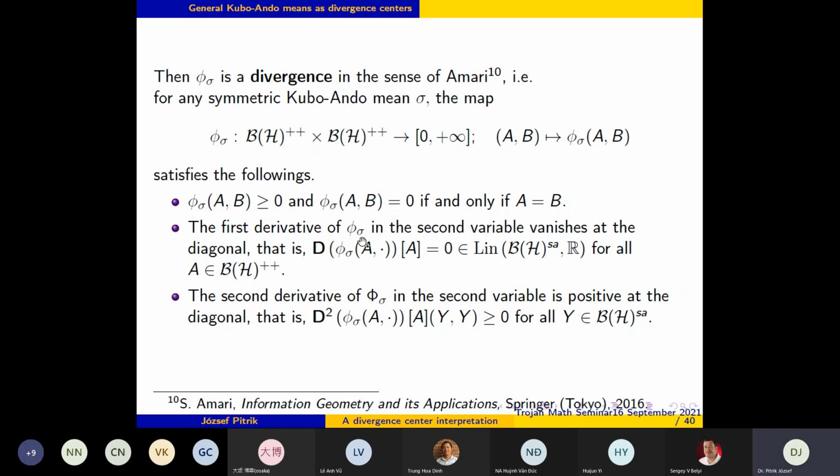The first derivative of phi sigma in the second variable vanishes at the diagonal, and the second derivative of phi sigma in the second variable is positive at the diagonal. These properties imply some convexity property of this phi sigma.